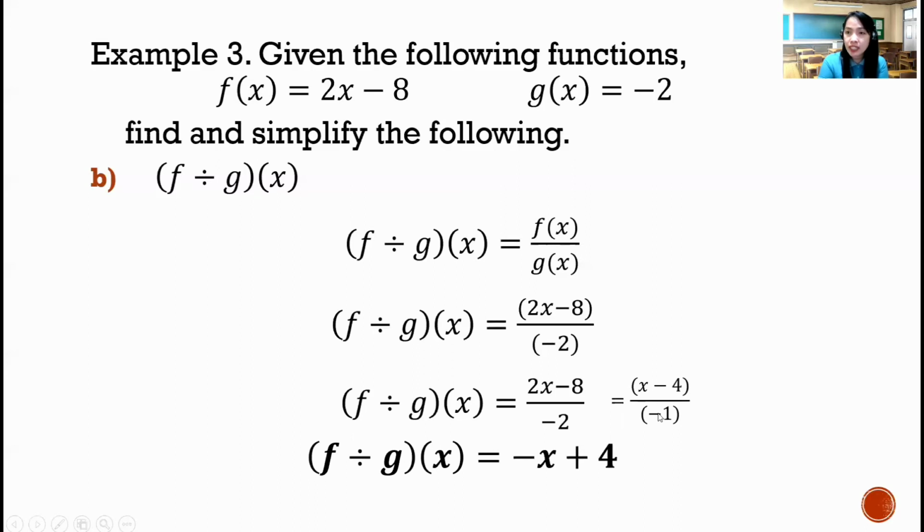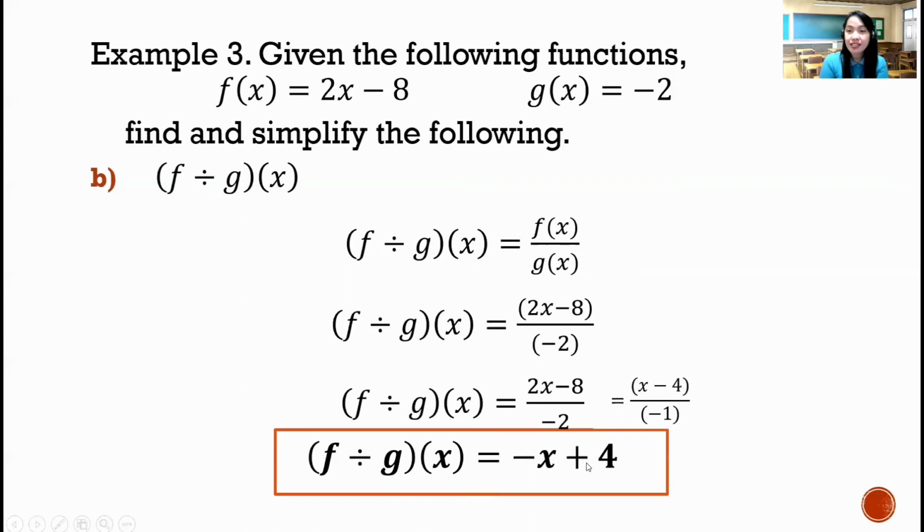Because in the divisor, we have negative 1. So, as you can see, naging opposite yung mga signs ng x minus 4. So, x divided by negative 1, that is negative x. And negative 4 divided by negative 1, same sign, dinivide mo, that would be positive 4. Our final answer is this, in letter B.